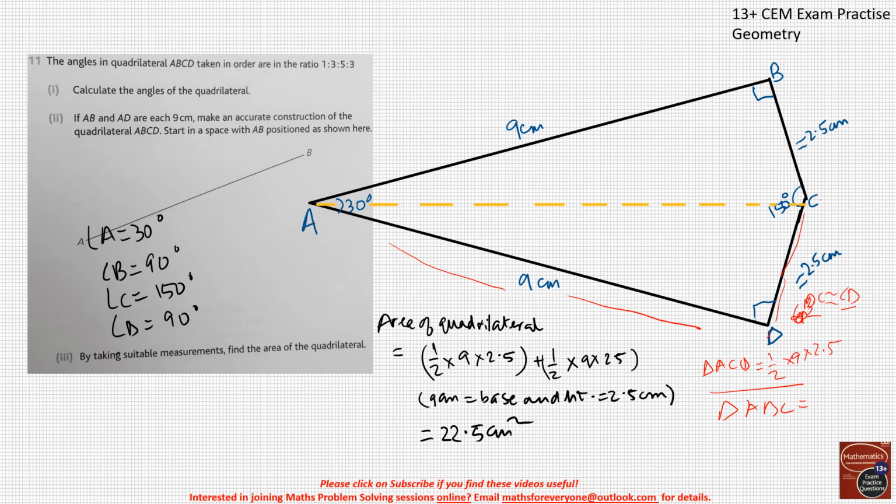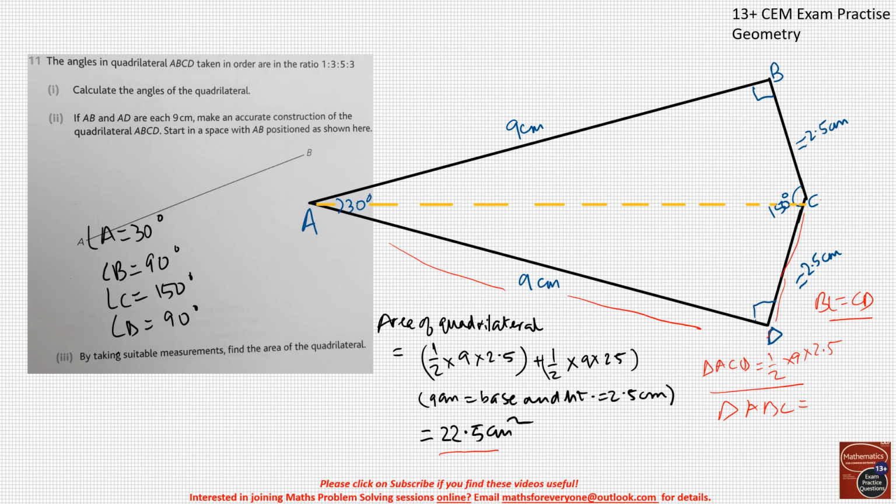Bearing in mind my drawing is correct, I'm assuming a bit because I think it's on computer, so it may be a bit off, but BC is equal to CD. Sorry for scribbling. So BC is CD, right? So then our area works out to be 22.5.